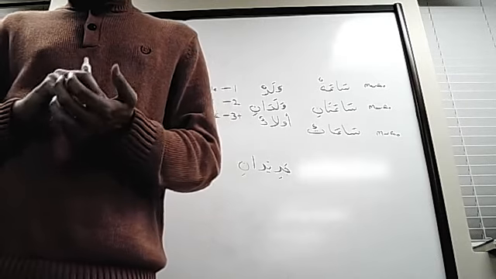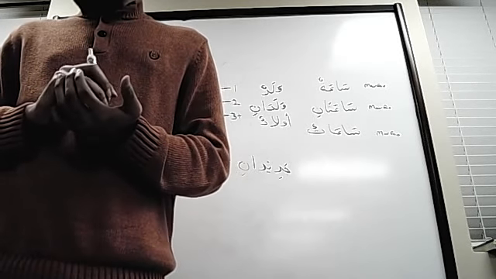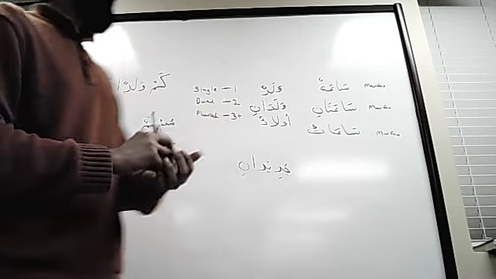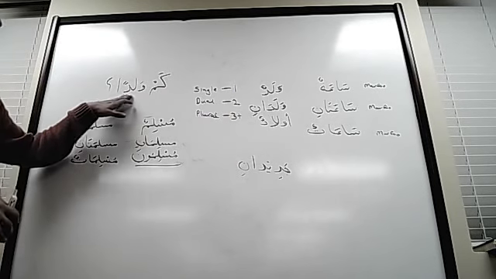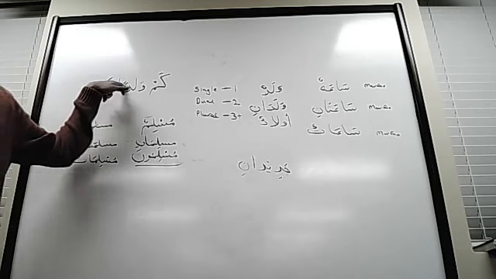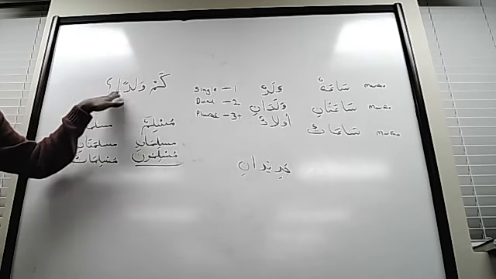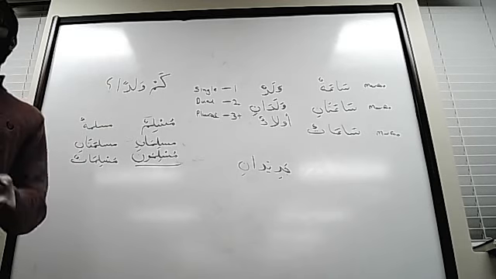Kam sayyaratan, how many cars? Note that the noun ending with tanween in the accusative case takes an alif, which is not pronounced. Basically, when you write something with two fathas, you add an alif as a spelling rule, except in the case of ta marbuta.